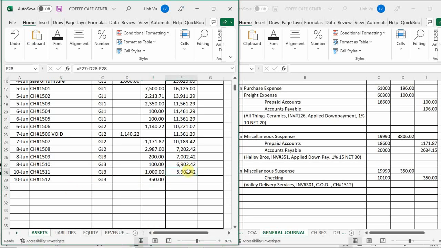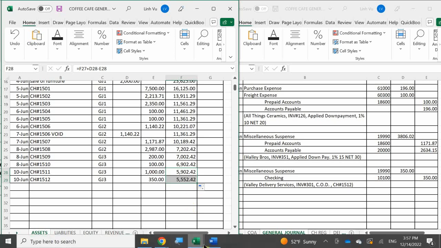So that will bring my account balance down to $5,552.42. Okay. Hang on, guys. We're almost done here.